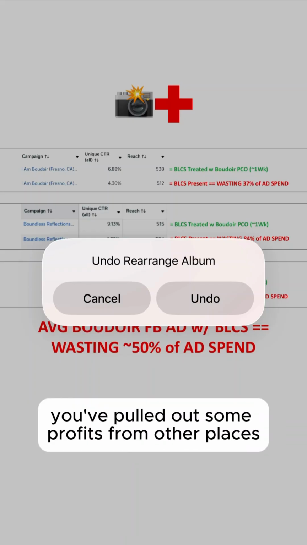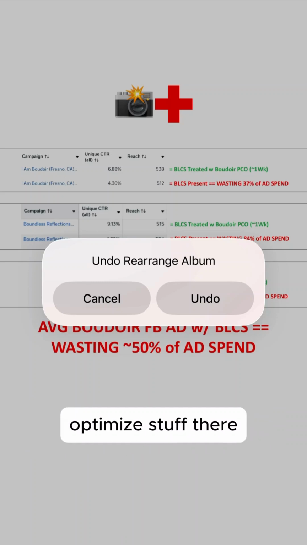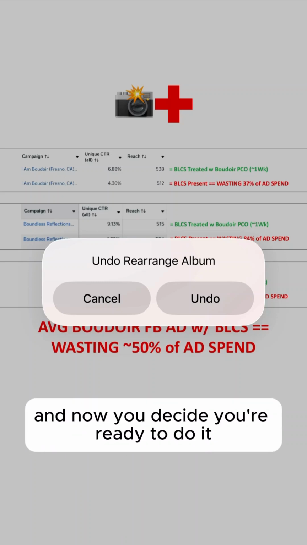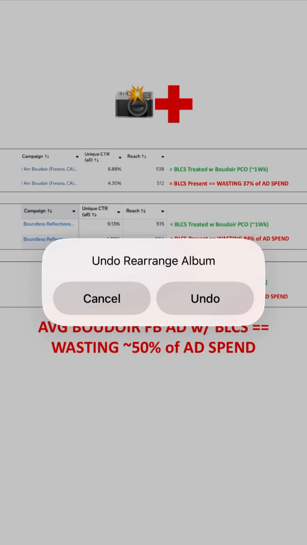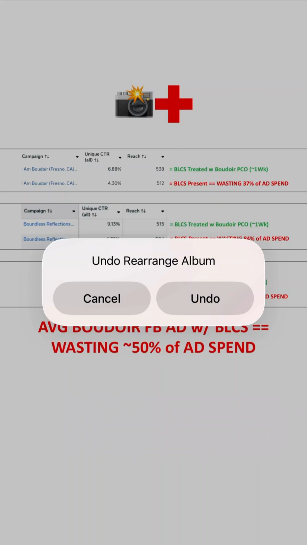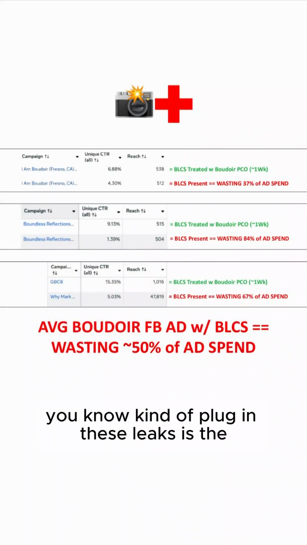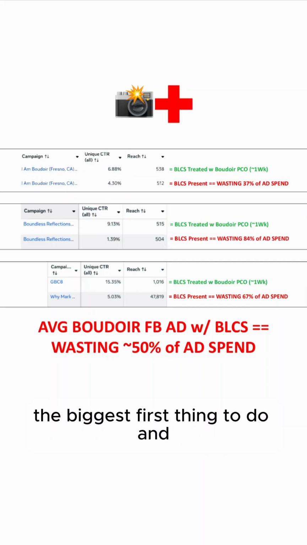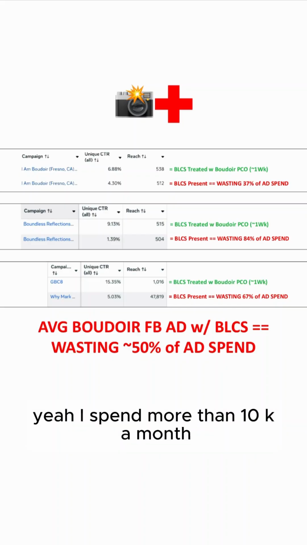So you've pulled out some profits from other places, optimized stuff there, and now you decide you're ready to do it in your Boudoir Facebook ad part of your business, by plugging these leaks, which is the biggest first thing to do, and you spend more than 10K a month.